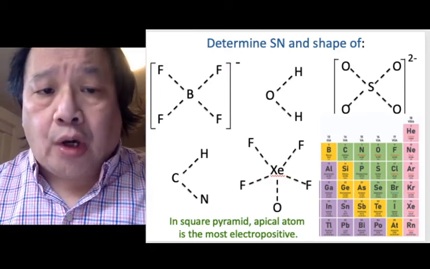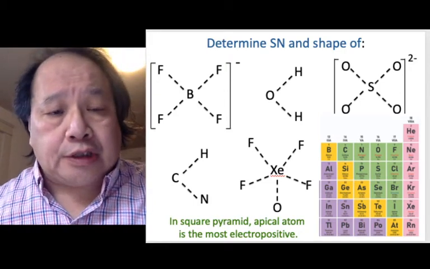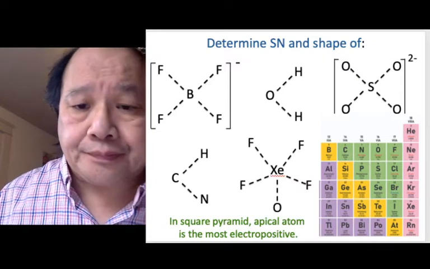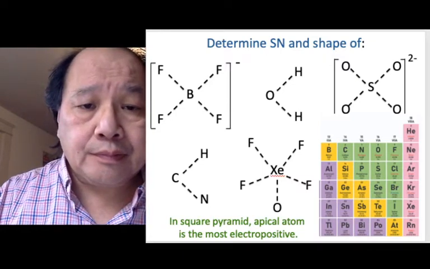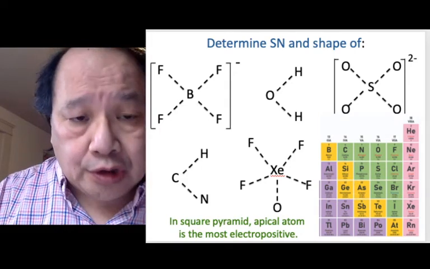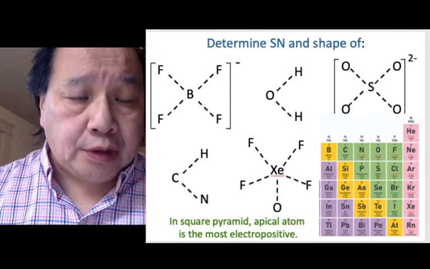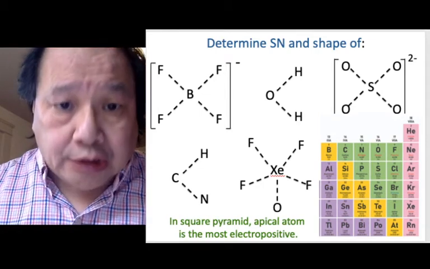But let's look at water, H2O. What is its steric number? Put it in chat. Oxygen starts off with how many valence electrons as the central atom? Put it in chat. 6, each hydrogen gives 1.